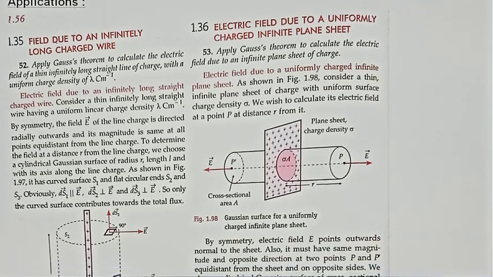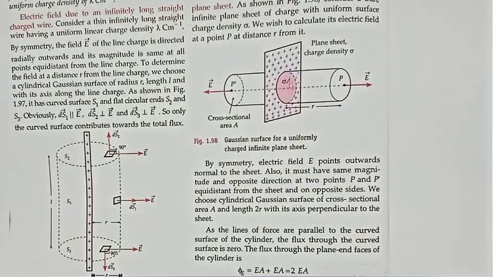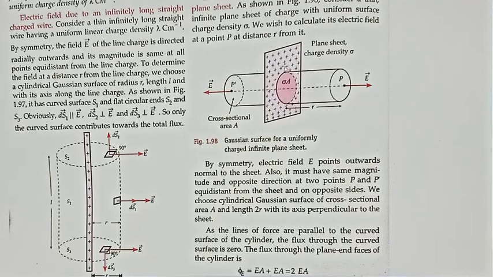Now you see here again it is a positively charged plane sheet. We are finding the electric field at point P at a distance r from the sheet, but as this sheet has two surfaces, we are considering two points.